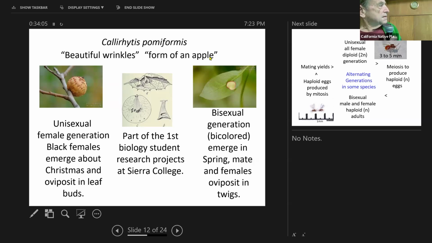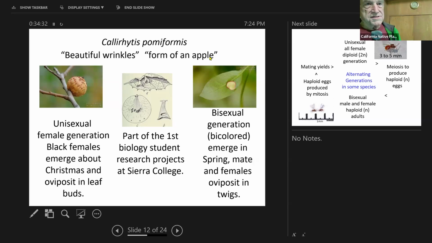And so the spring bisexual generation have produced gametes by mitosis. They mate, the females lay diploid eggs back in the twigs that have developed after the buds opened up. And so you alternate from a unisexual generation to a bisexual generation back to a unisexual generation.